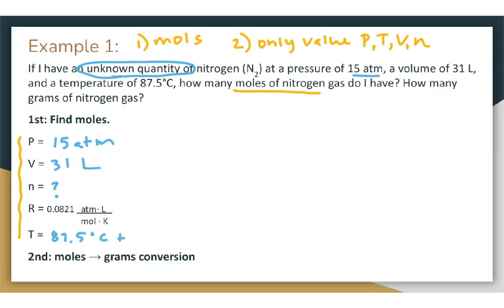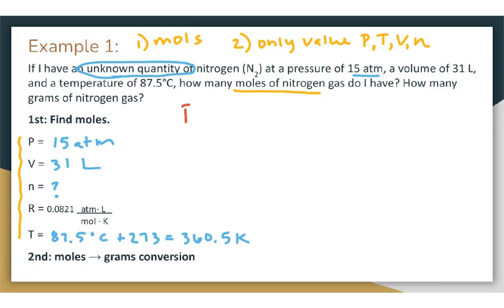I know I'm going to want that temperature in Kelvin, so I'm going to add 273 using that conversion just like we have in the past. So that's going to give me 360.5 Kelvin.